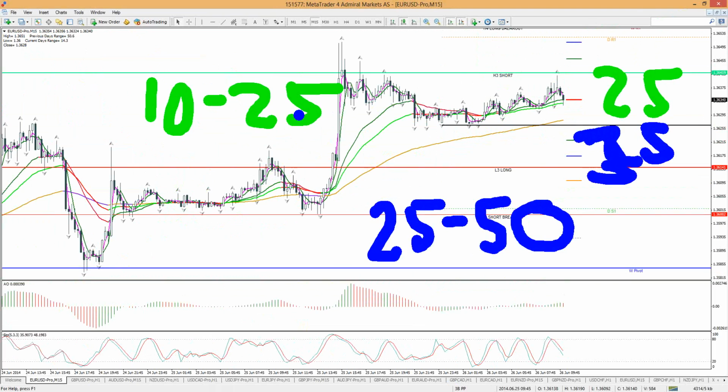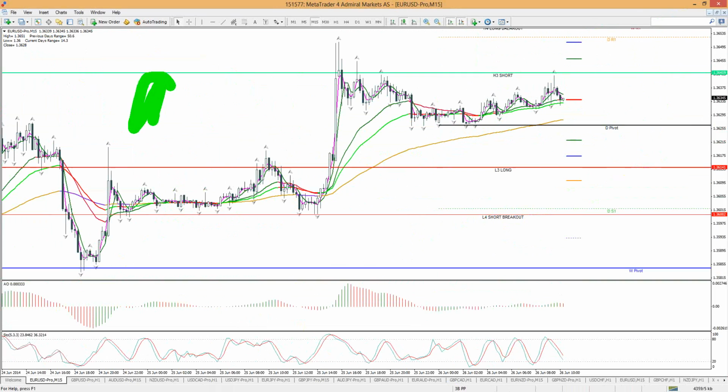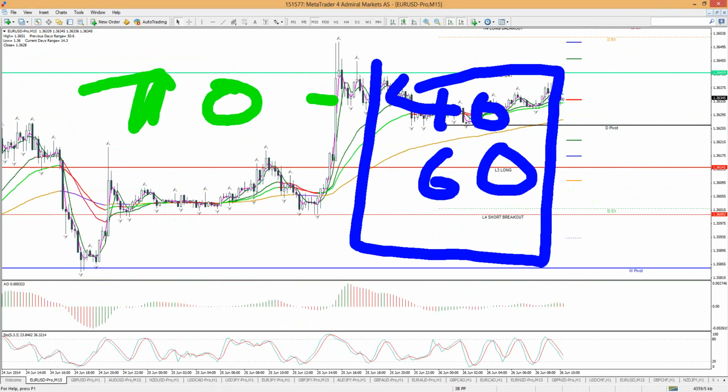Now, if you use 10 as the short one, it is actually more optimal to use anything that is around 40 to a 60 EMA. All right? If you use 15, so now the details are coming.